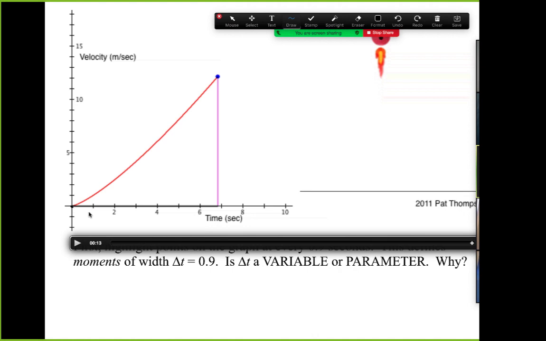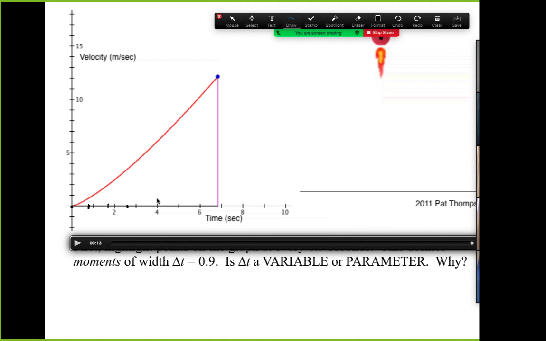Okay, so 0, then where's the next one? 0.9, right? And then where's my next breakpoint? 1.8. Then where's next? Fast participation. Let's make it go fast. Next one is 2.7.